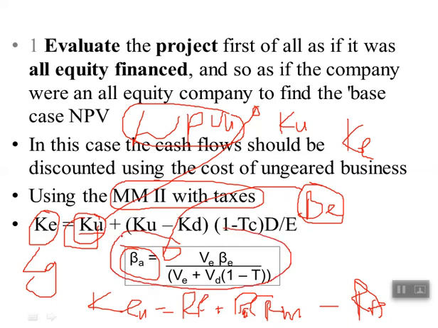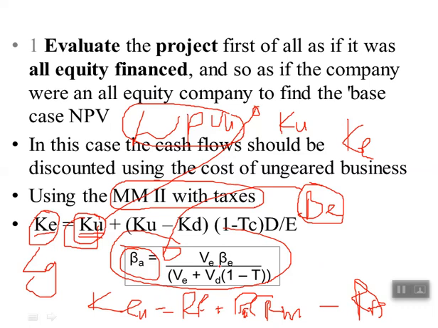Once you get an asset beta, then you can apply the capital asset pricing model to determine the cost of equity of a business that is not geared. So it depends on the information. If you have this, you can use the Modigliani and Miller 2 theory to adjust and get the cost of ungeared.